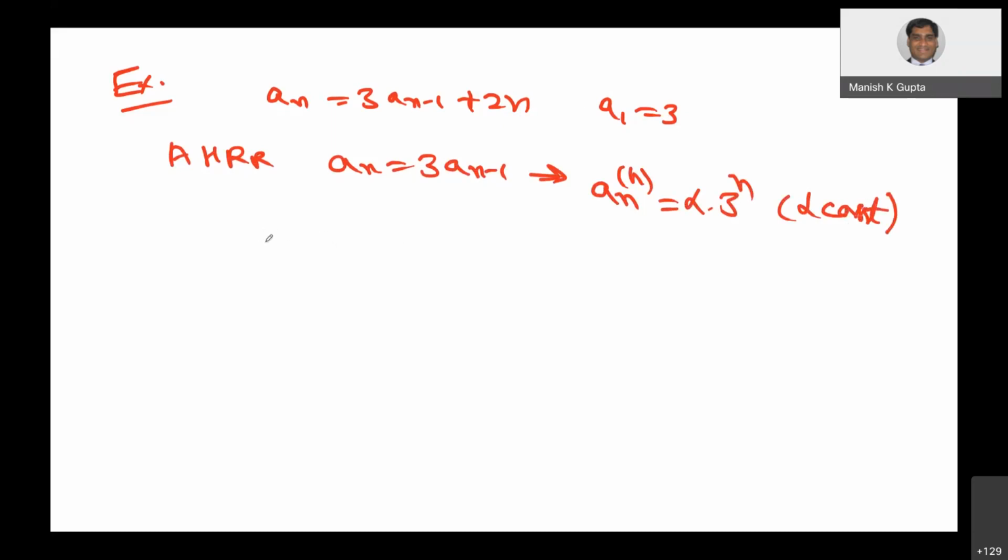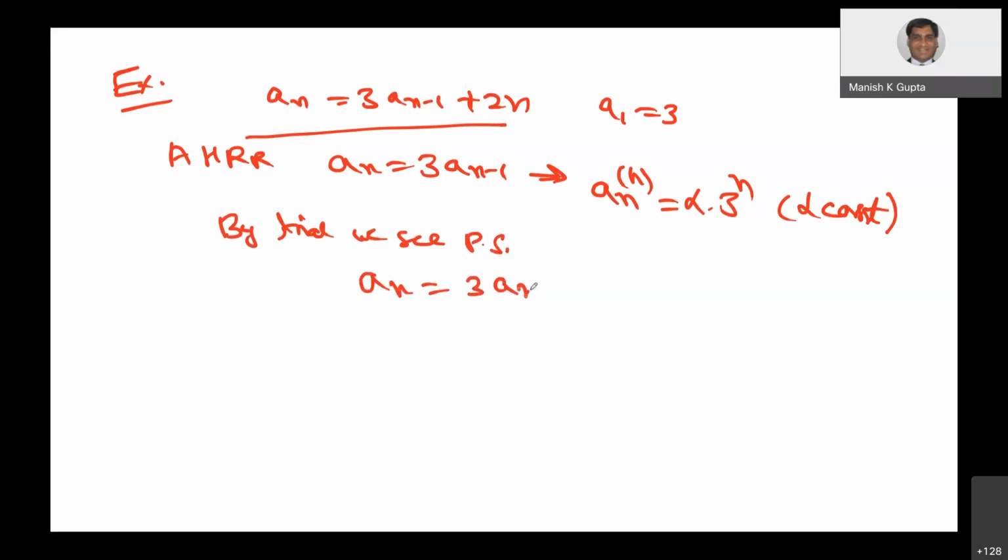Okay, now how to find a particular solution of this whole expression? That is by trial and error. By trial, we seek a particular solution of a_n = 3a_{n-1} + 2n.